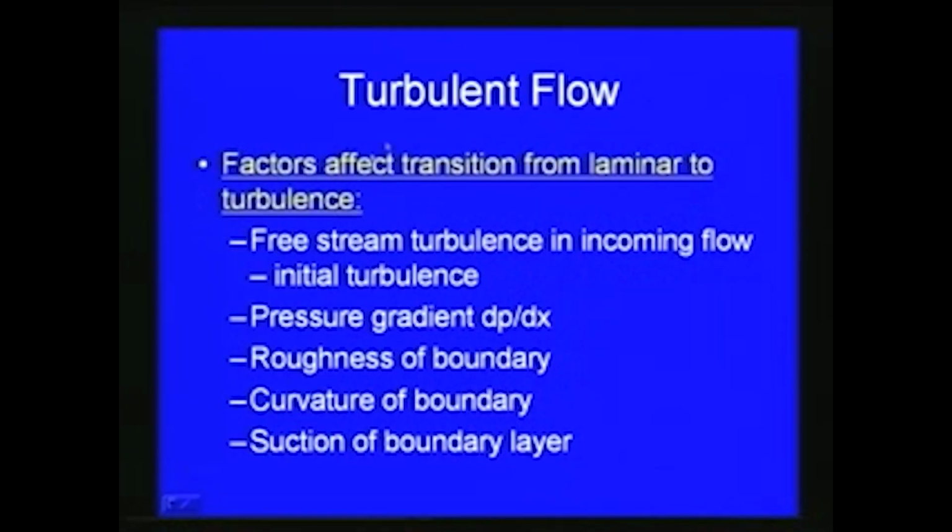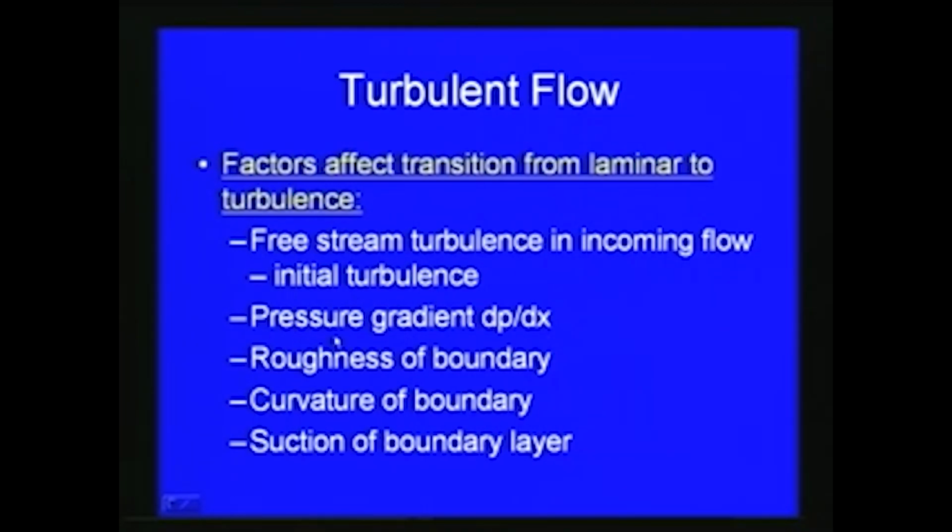For example, in a canal or in a river, the flow is flowing in laminar, calm and quiet condition, and when you put a big stone in the river or in the canal, due to the impact a lot of disturbance takes place, and then stream turbulence takes place, and this incoming flow is initial turbulence. So, due to this the flow can become turbulent. This is a small example.